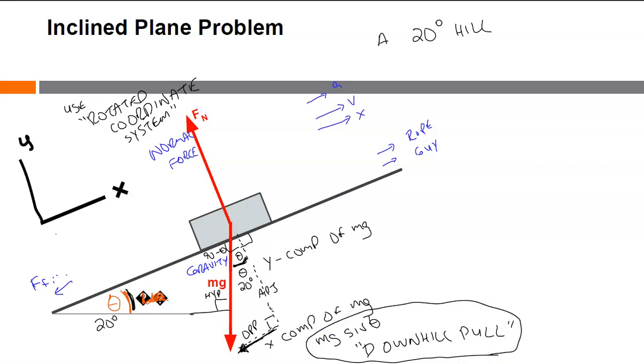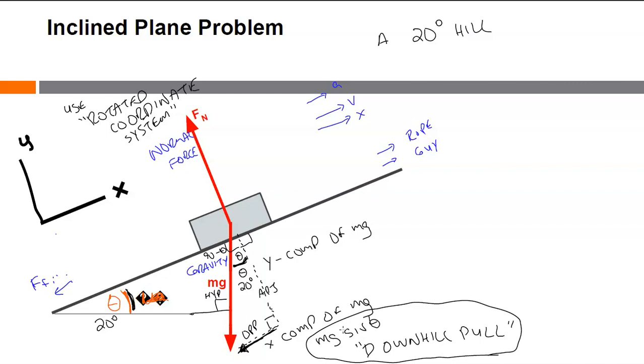It's the reason that water runs downhill, the reason that balls roll downhill, because gravity is pulling on it. It's not pulling mg. It pulls mg straight down. But the steeper that angle gets, the bigger sine theta gets, and I approach mg.